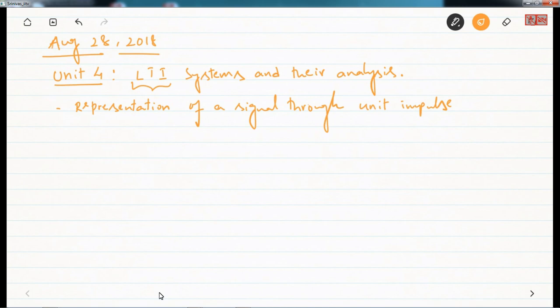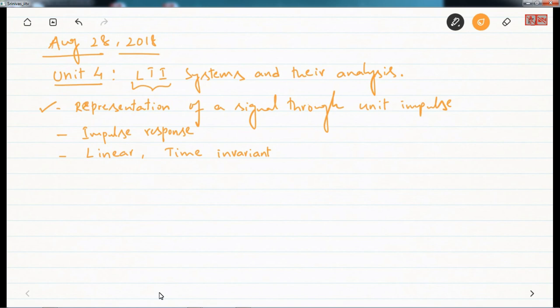Then we will do the impulse response, and then finally we'll decide what is linear and what is time invariant, right?